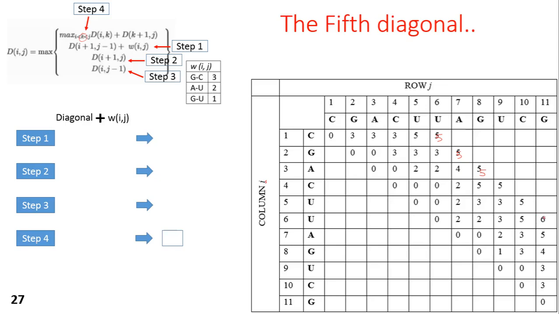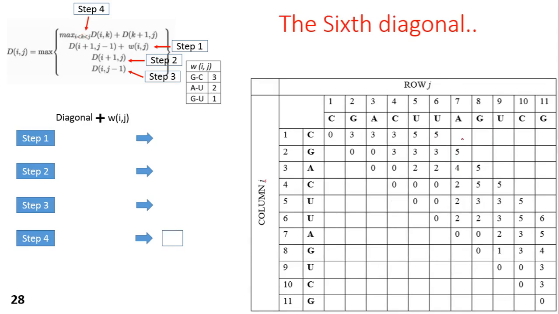Once you reach over here, again we would move on to our sixth diagonal, that is over here. Okay, now let us freshly start out with this and see what we can populate in our sixth diagonal now. Okay, I would populate initial few values for you and then you can populate the remaining ones.